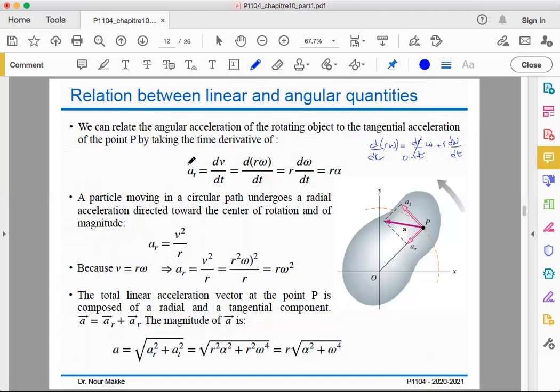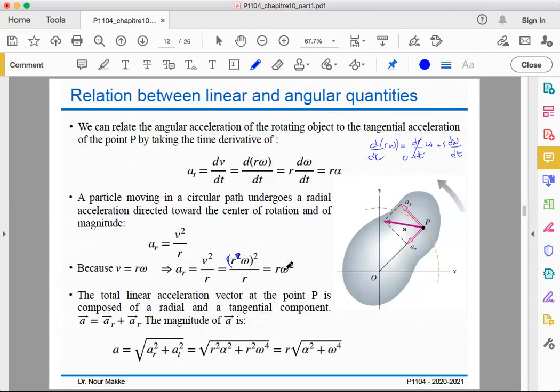Now, what about the radial component of the acceleration? We have seen in the previous chapters that the magnitude of the radial component is the same as the centripetal acceleration. So we can write a_r as v squared divided by r. Because v is equal to r multiplied by omega, we can write a_r as r squared omega squared divided by r.